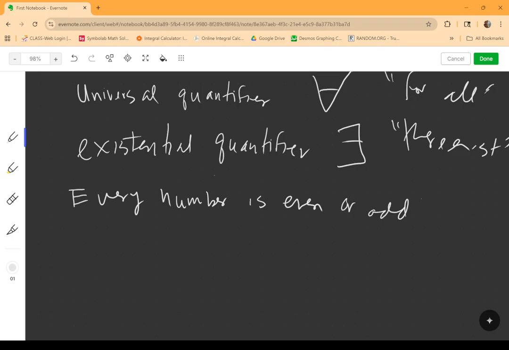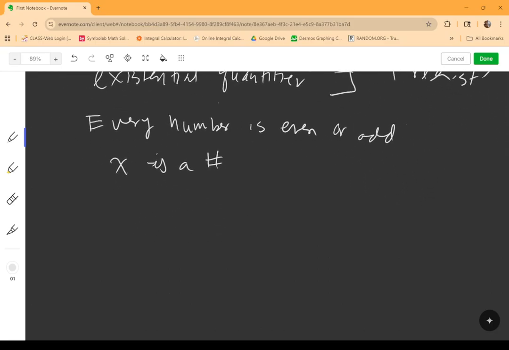Okay, so let's make it a predicate. We have x is a number. And we could say E(x) is the event that a number is even, so this statement states that x is even.